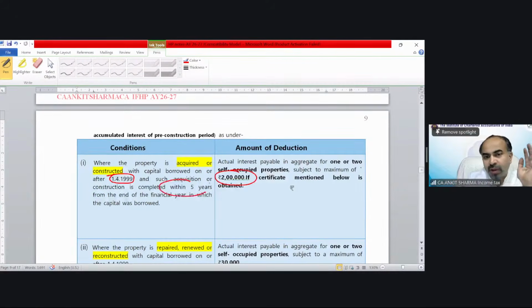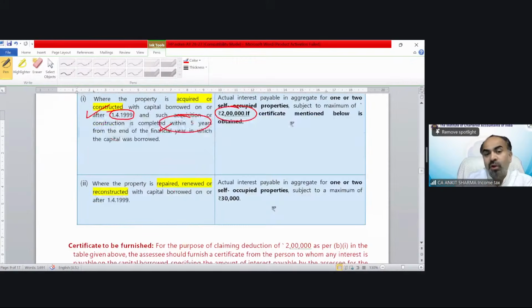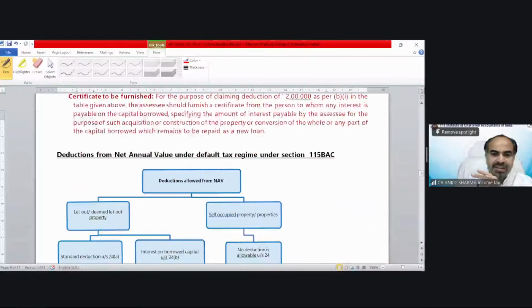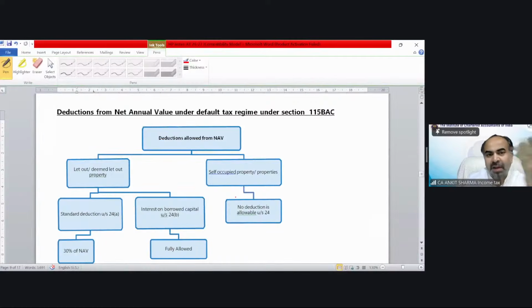For claiming 2 lakh rupees, two conditions need to be fulfilled: 1.4.99 and within 5 years. If the loan has been taken for repair, renewal, etc., then the maximum is 30,000. No 2 lakh rupees benefit you can claim. That was cases A and B. It has been explained with the help of a diagram also, which I have copied from the study material.